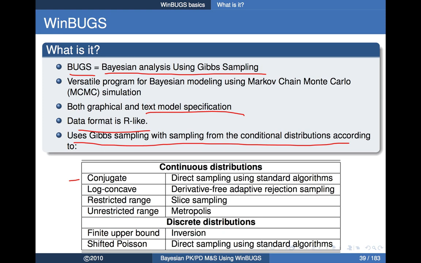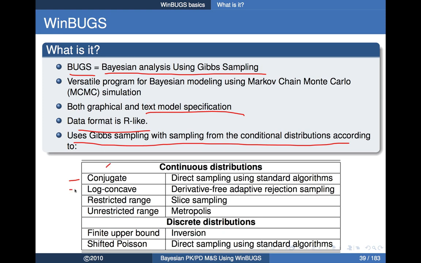Under those circumstances, we say that we have a conjugate system, in which case you can take advantage of the fact that you know what the form of the distribution is, and you can use standard algorithms for dealing with it. In particular, there are standard algorithms for things like normal distribution, chi-squared, gamma, and a few others. So if WinBUGS can figure out that it's dealing with a conjugate system, it'll do that. That would be its first choice, because that would be the fastest.